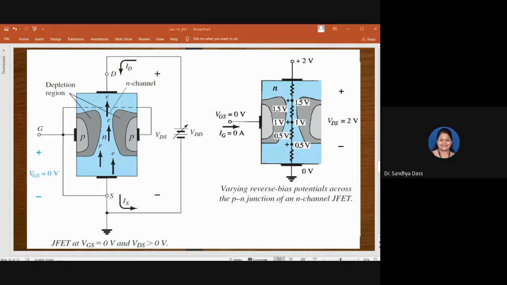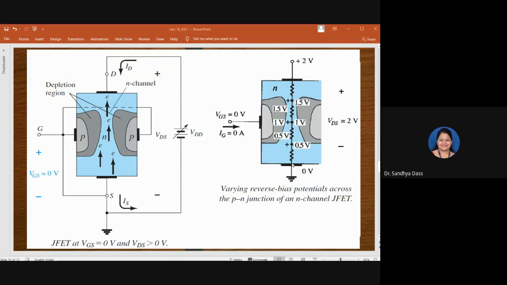Because of this increase in the reverse voltage, recall from the discussion we had in the diode operation, the greater the applied reverse voltage, the wider will be the depletion region, isn't it? So because of the current flowing, the drain current, this will establish different levels of resistance here.